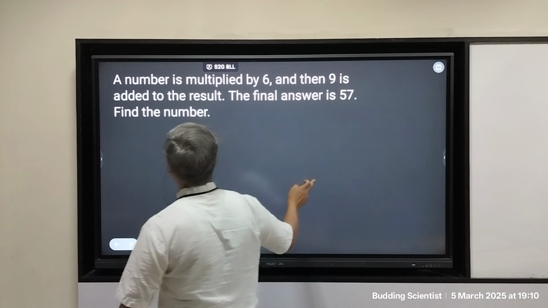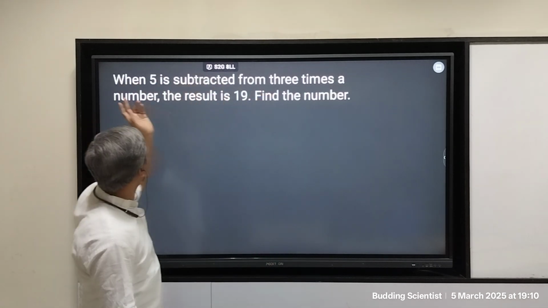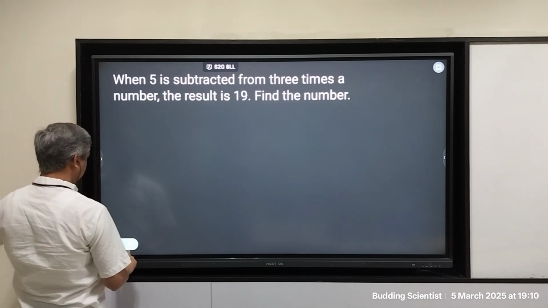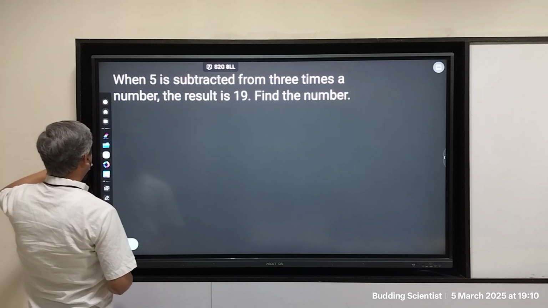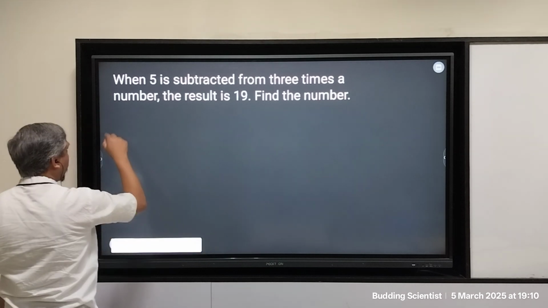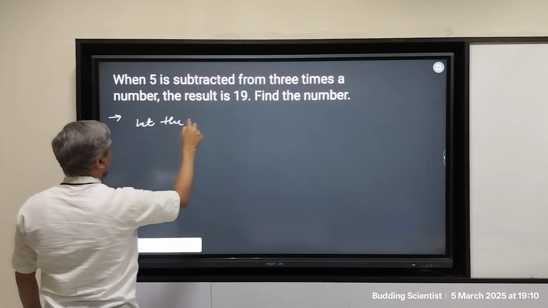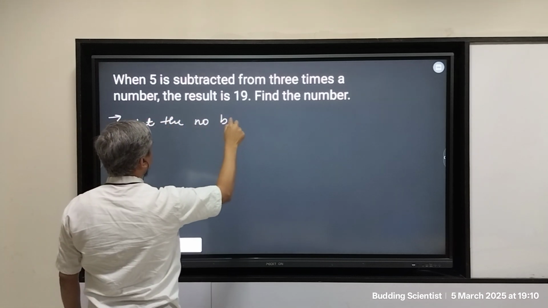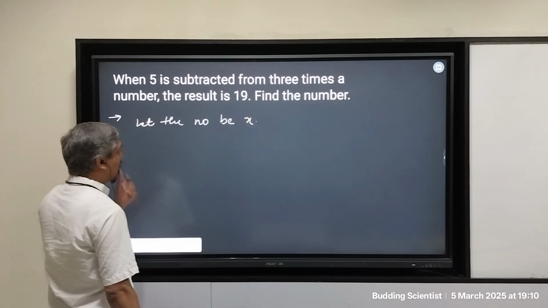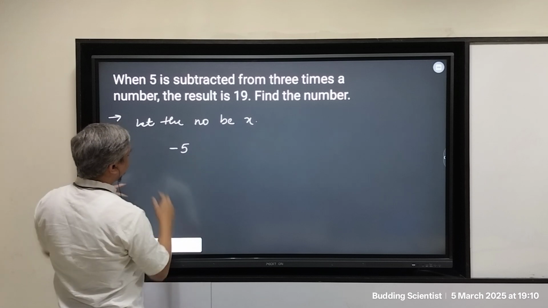Let's see the next problem. When 5 is subtracted from 3 times a number, let the number be x. 5 is subtracted, so minus 5, from what?